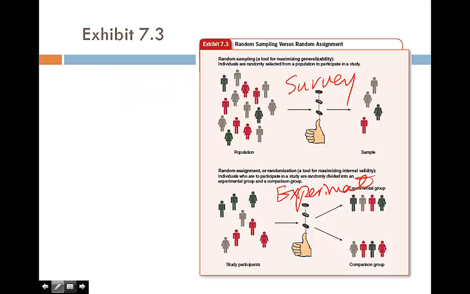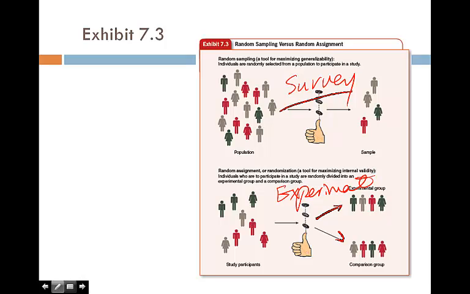Here is the exhibit which shows how random sampling differs from randomization. Random sampling is used in survey methodology, where we randomly select people. Randomization is randomly assigning people into different conditions, like tossing a coin. So that is the difference.